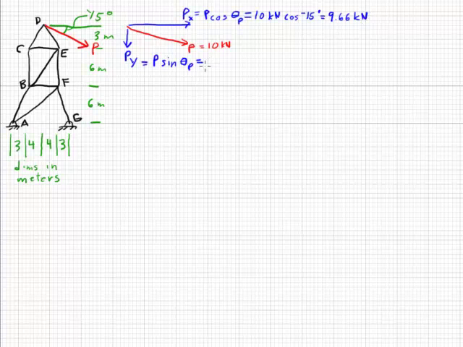The vertical component, Py, will be likewise 10 kilonewtons times the sine of negative 15 degrees, which is negative 2.59 kilonewtons.